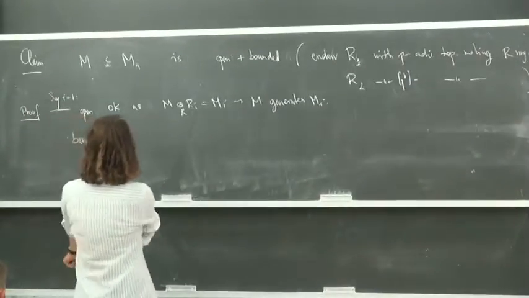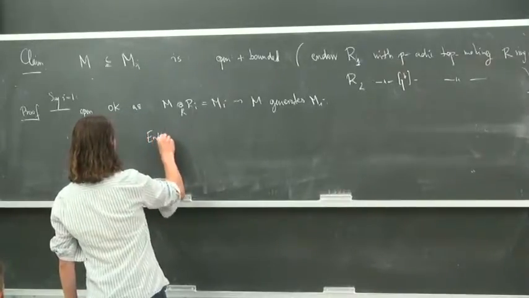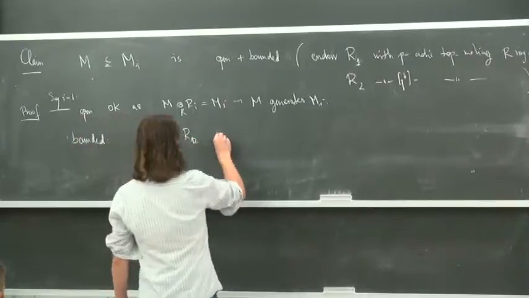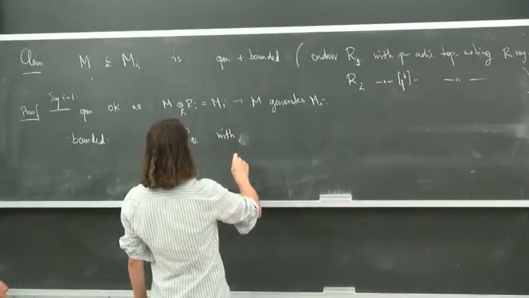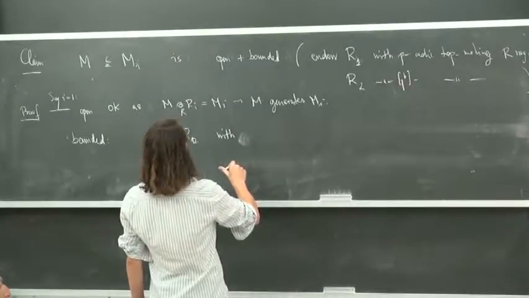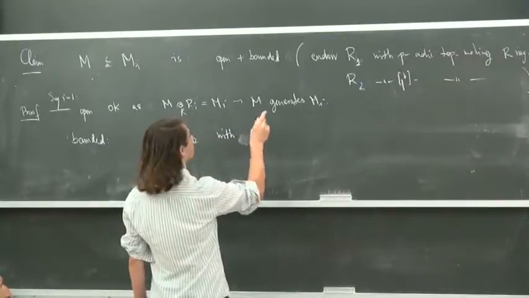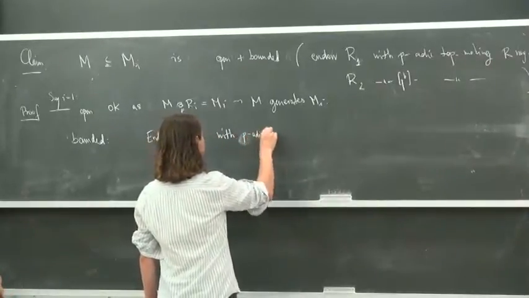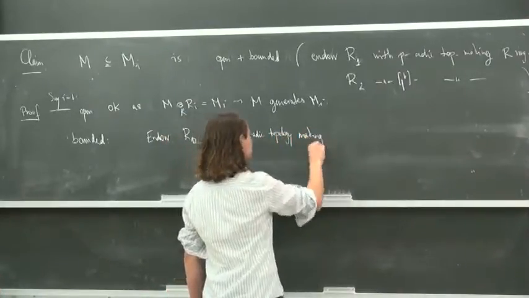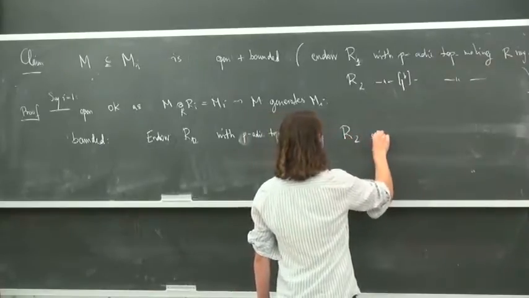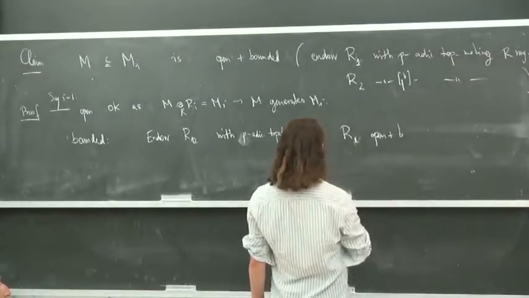So let's endow R12 with the p-adic topology. No, sorry, with the... So I want to show that this is... Sorry. Making R2 open bounded. No, making R... Now I'm totally confused. R2?